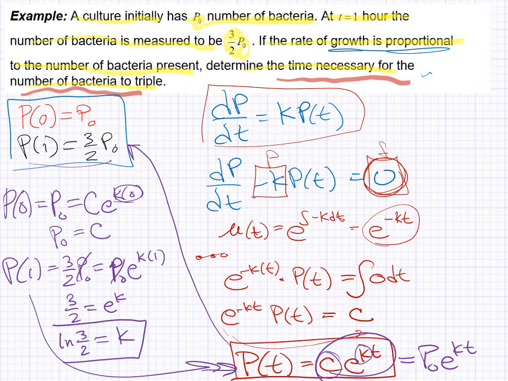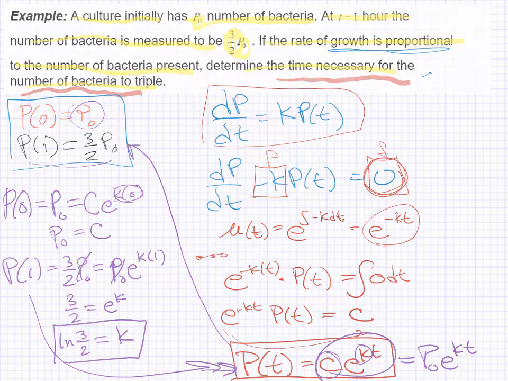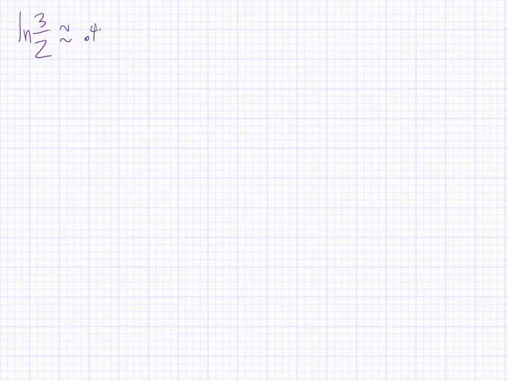So using that as my k value, when we said c would be my initial value, P sub 0, whatever the initial amount of bacteria is, then we can write our P of t. Just to make this easier to write, the log of 3/2 in my calculator is roughly 0.4055.